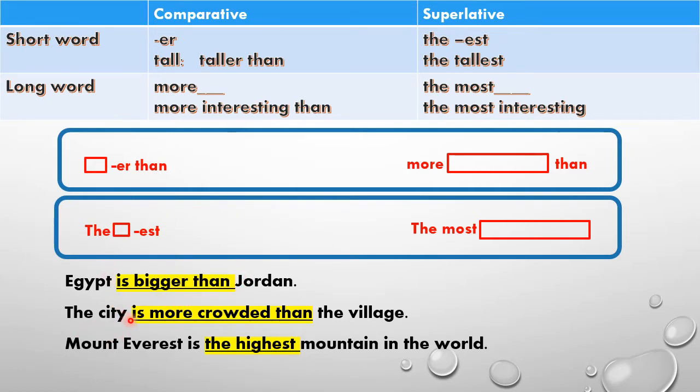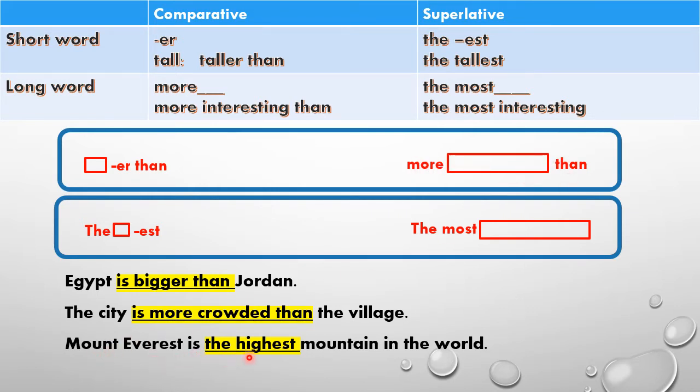Here, the city is more crowded than the village. Here, I compare the city to the village. So it's comparative. I compare only two things, one thing to the other. And crowded is a long word like this. So I say more crowded than.